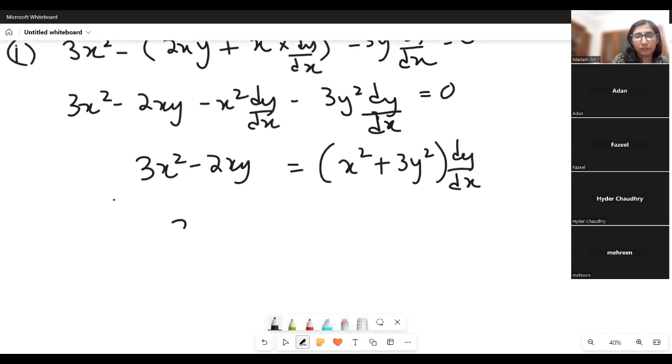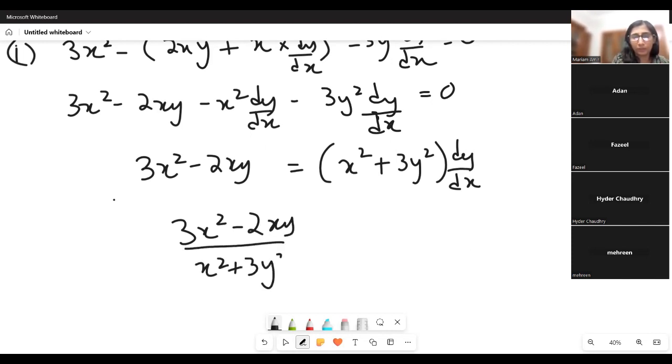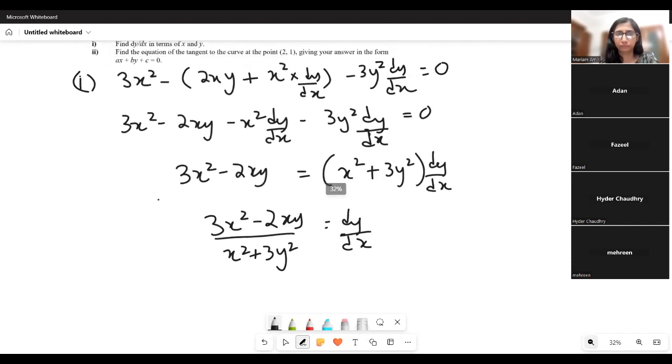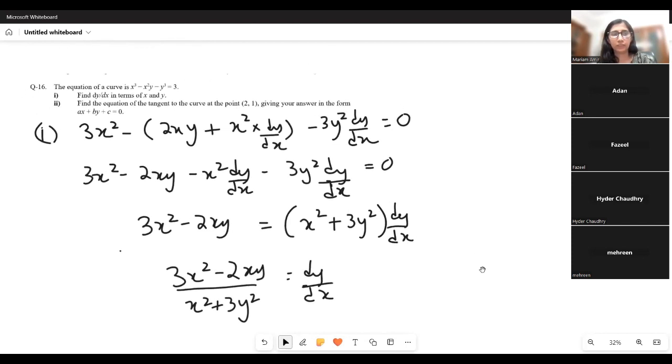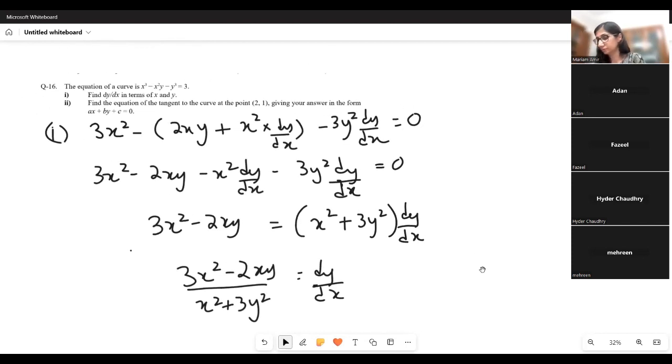It's going to be 3x square minus 2xy upon x square plus 3y square equals dy over dx. Let me confirm that this is correct. Yes, this is it. Alright, so we have dy over dx for part 1.